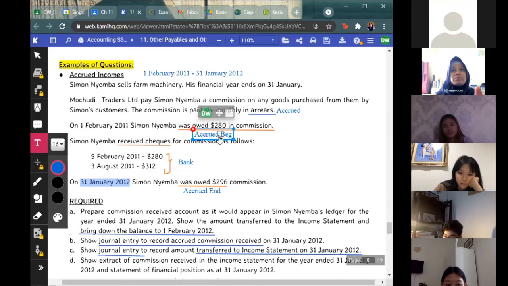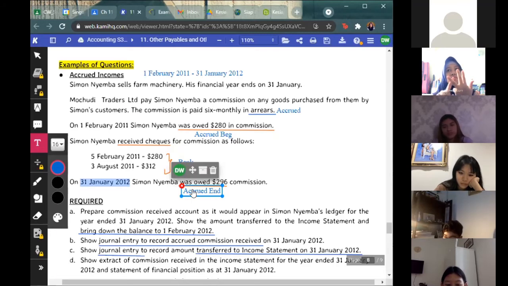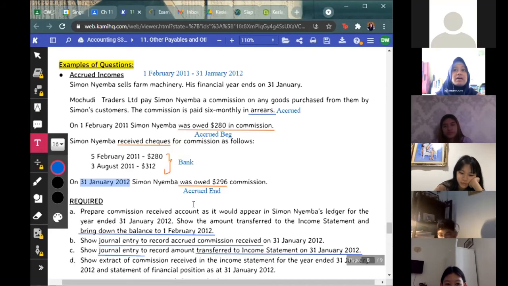Now, we have information on accrued beginning, 1. We have information on bank, 2. We have information on accrued at the end, 3. We always need four pieces of information to do the T account, meaning you have a missing information, and that missing information is, what is it?